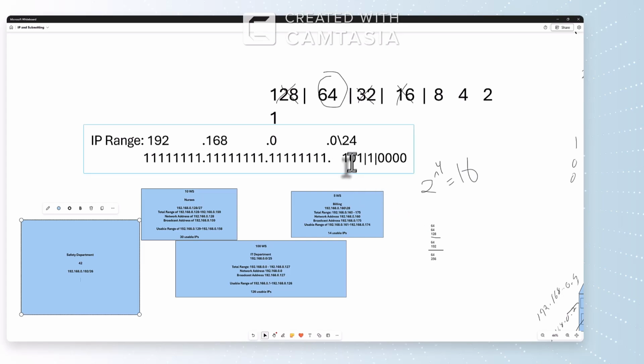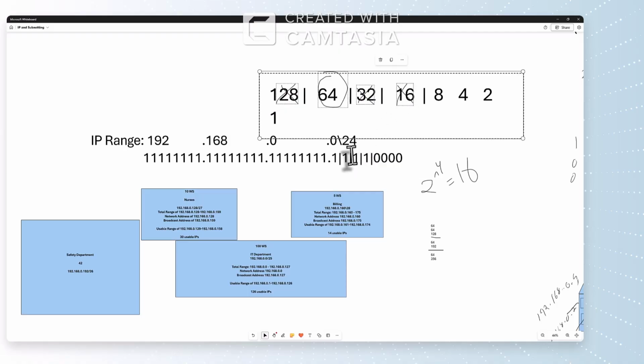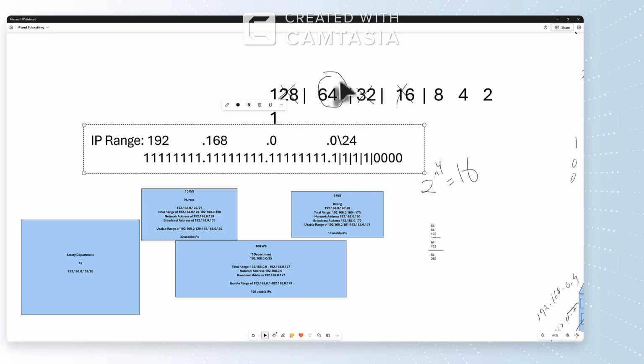To do that, we start here and we'll change this to a 1 now because we're also using the 64 mark here. So now we have, actually, let me move that. I think I have one too many. So now we have 1. In this case, even though these are 1s, because we used them previously, they're still to the right of the subnet that we're doing.